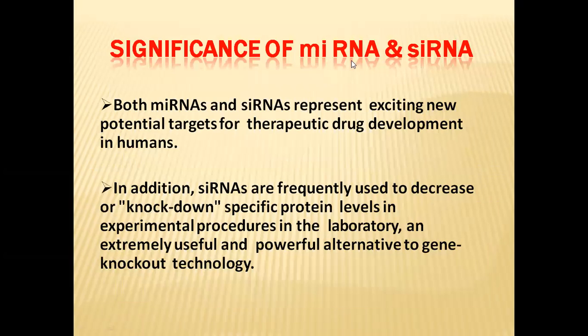So what is the significance of this miRNA and siRNA? Both these miRNAs and siRNAs are present in the nuclei, and they will come into the cytoplasm also. These things are useful to the scientists in producing some specific drugs, in targeting some special drug molecules.